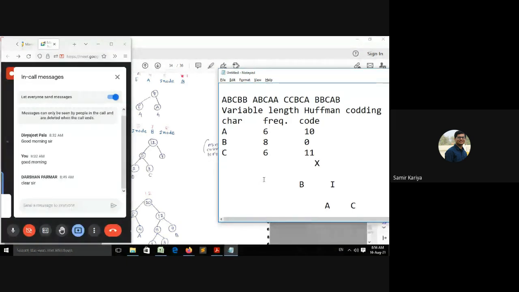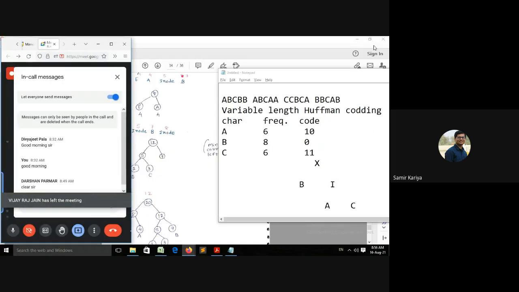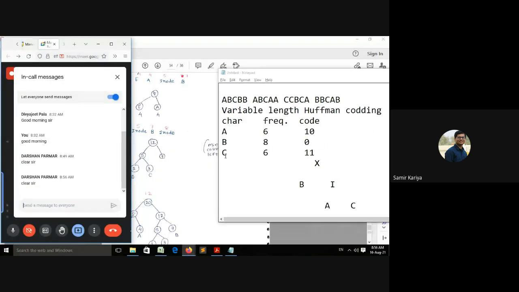Is there any query up to this one? Any doubt? Any query? Okay, only Darshan is replying anyway. So yes, Darshan, what is the final number of bits for the variable length?